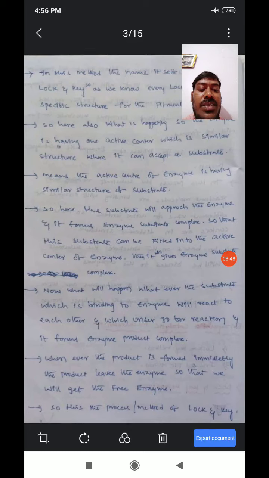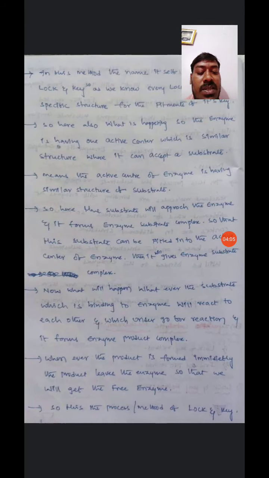Whenever the product is formed, immediately the product leaves the enzyme, so that we get the free enzyme. So this is the process of lock and key.